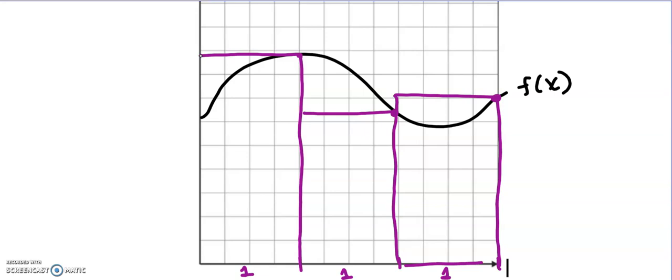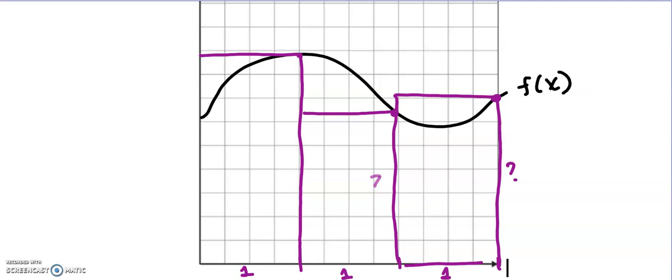Okay? So using a right-hand Riemann sum, I would figure out what is this height, what is this height, and what is this height, my right-hand heights, and I would add up the area of those 3 rectangles. And you can see that that's kind of like an okay approximation, because I'm missing all this area, but I've got this area and this area, so it probably checks out okay.